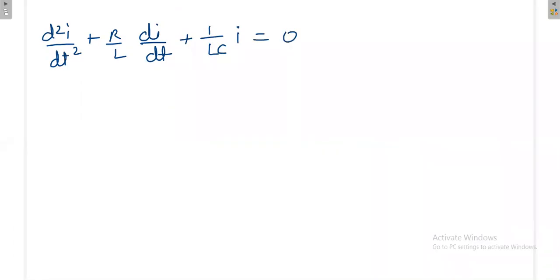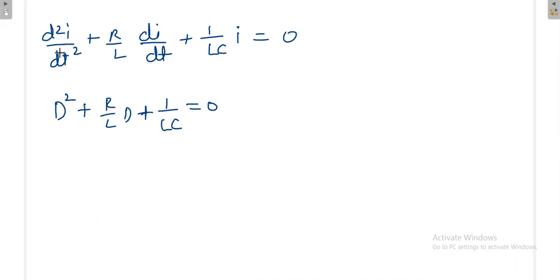Now we can write the solution for this equation. What could be the solution? It depends on the value of R by L and the value of 1 by LC.